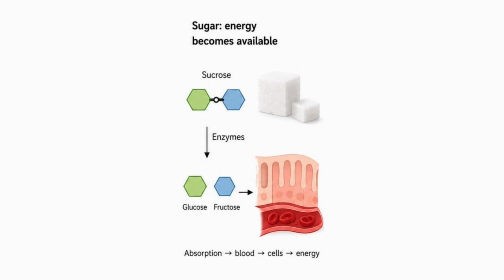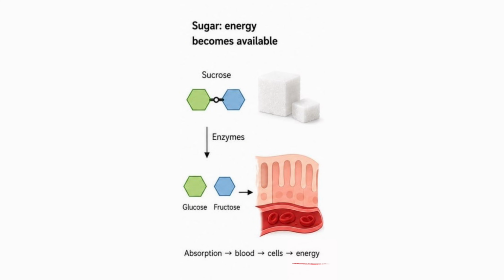The same principle applies to many sweeteners. Regular sugar is easily digested because we have the necessary enzymes to break it down. After digestion, sugar yields glucose and fructose, which are absorbed through specialized transport systems in the small intestine and enter the bloodstream, where cells can use them as an energy source.